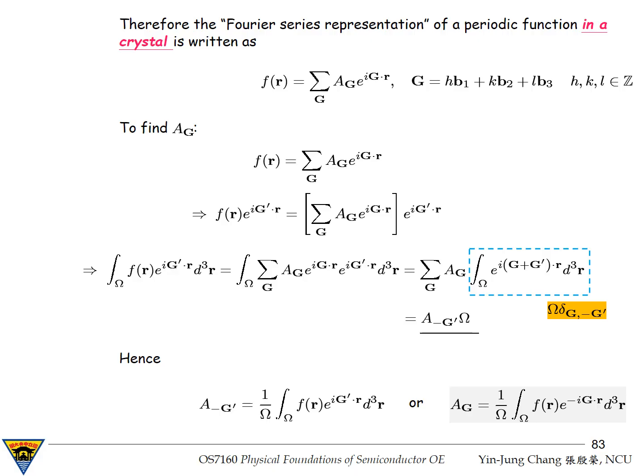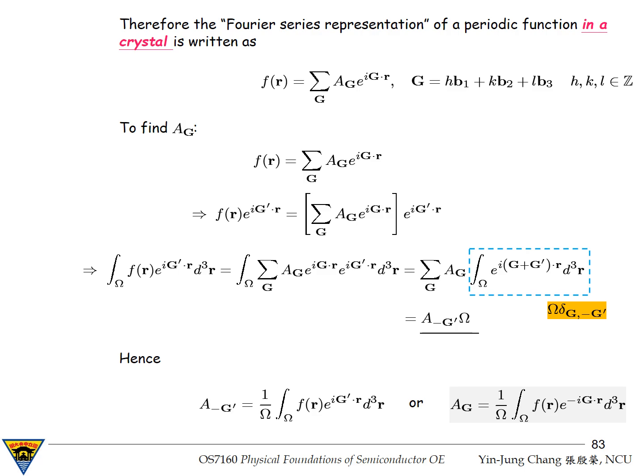Applying the orthogonality relation from the previous page, we know that when g plus g' equals 0, the integral equals the primitive cell volume, otherwise it must vanish. This means that since g runs over all reciprocal lattice vectors within a crystal, the integral is non-zero only if g equals minus g'.